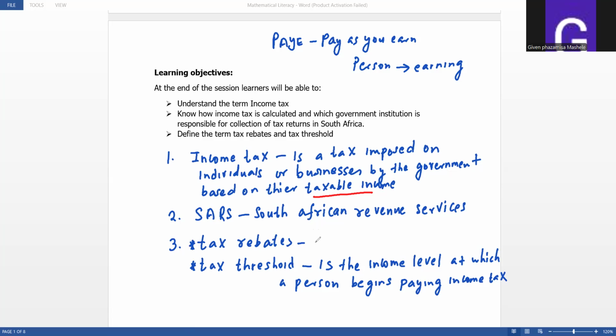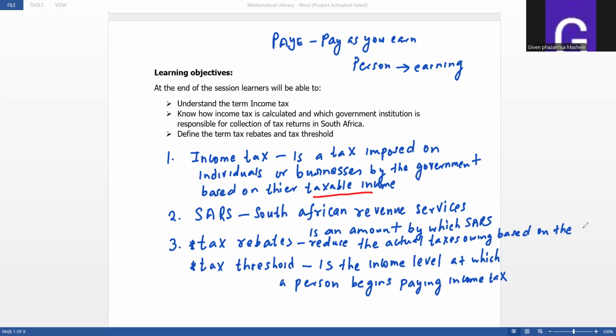A tax rebate is an amount by which SARS, which is South African Revenue Services, reduces the actual tax, the taxes owing, based on the age of a person.